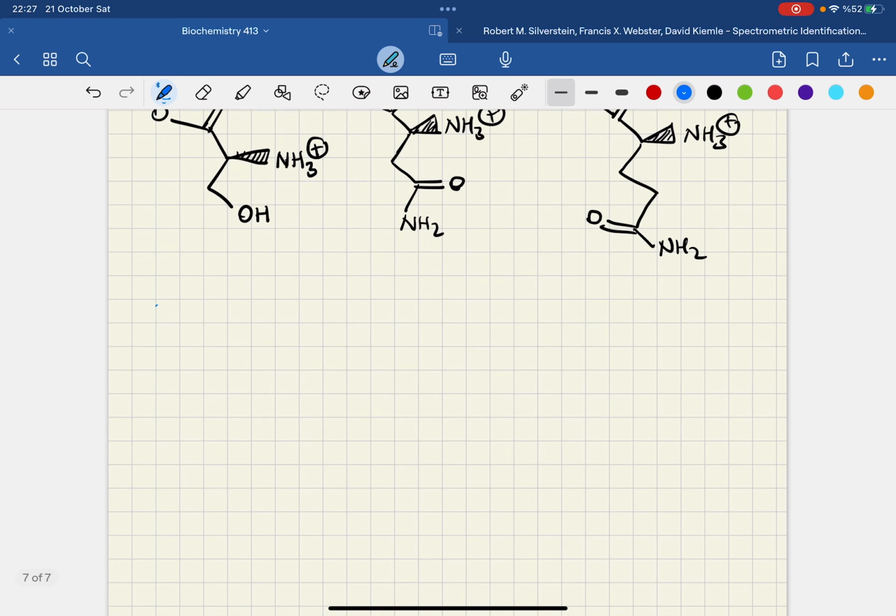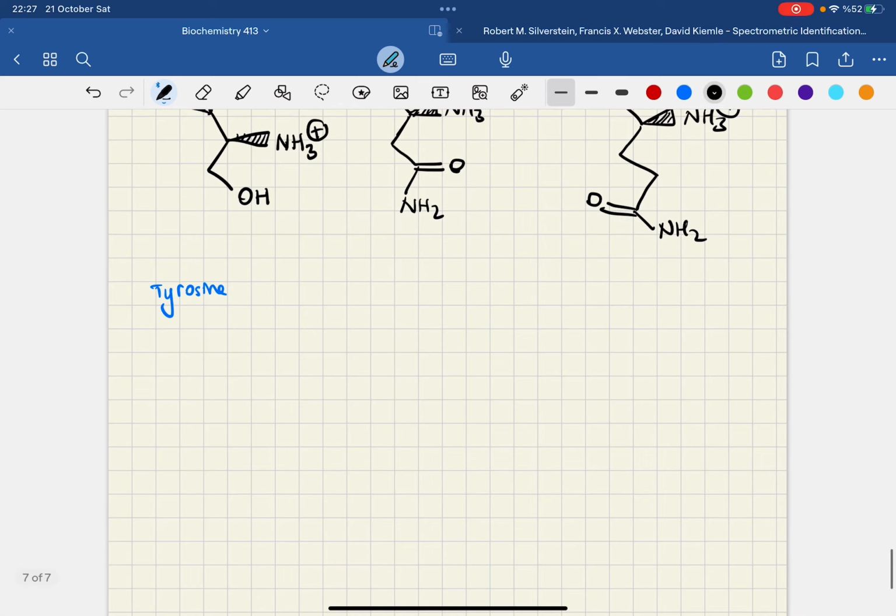We have tyrosine, and let me just write its properties. And O, and we have the negative charge over here, and then we have our NH2, and then we have our one carbon, and then we have our phenyl group with an OH attached.